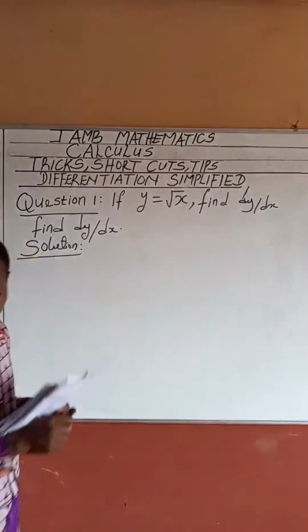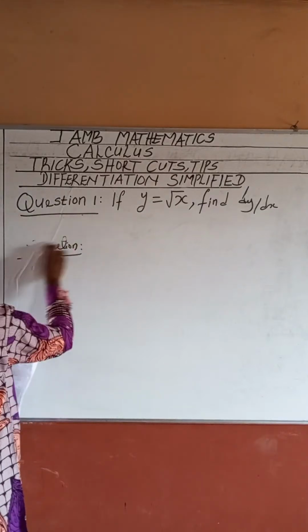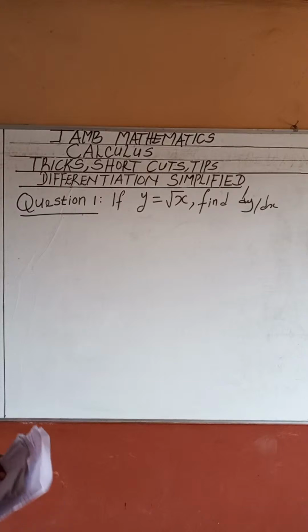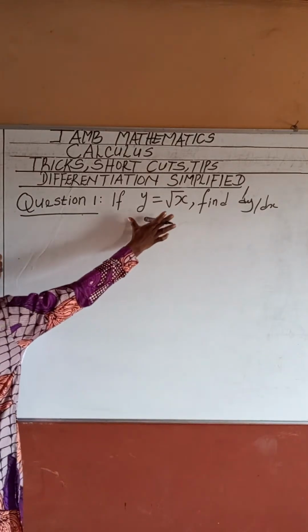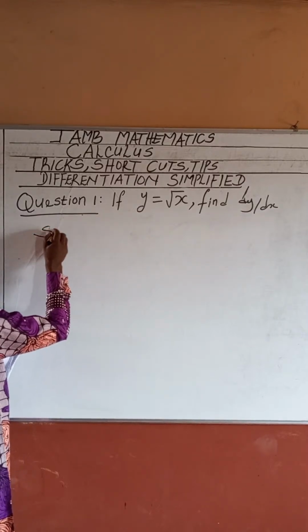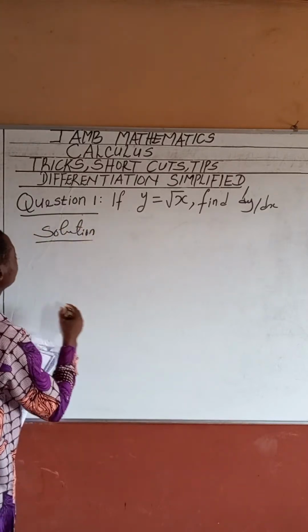So this is what we are going to do. If y is equals to the square root of x, then what is dy dx? This kind of question shouldn't take more than 5 seconds. So let's look at the solution to this question.